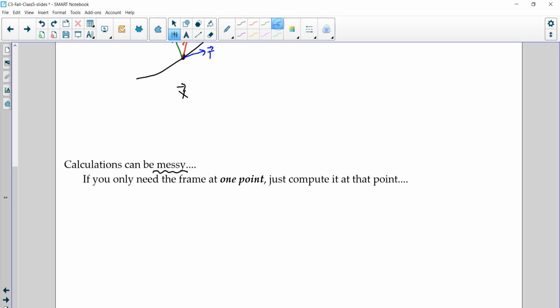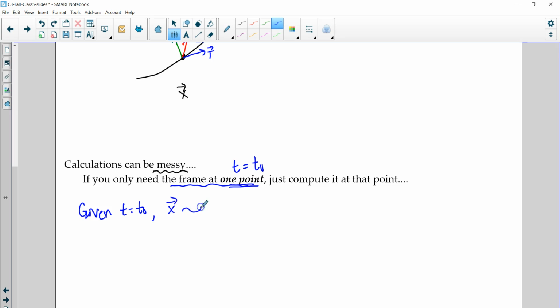One suggestion that I have is that if you're looking for the frame at one point, let's say t is equal to t naught, then why not make your life easy? Don't do more work. For example, you're given t is equal to t naught, and you're also given a path x.